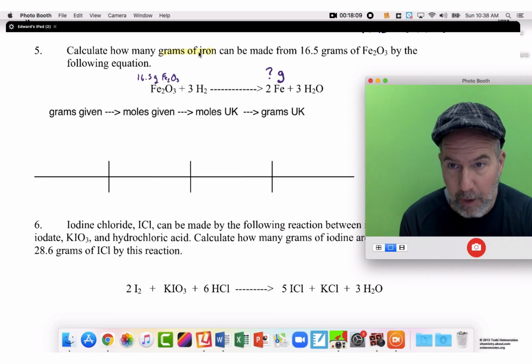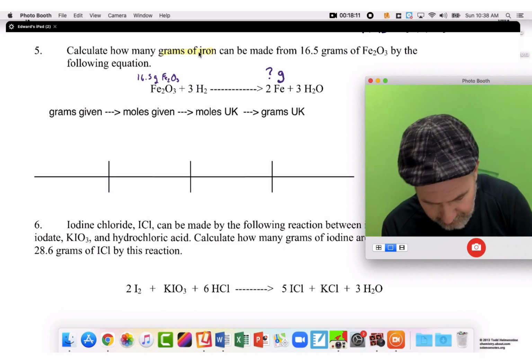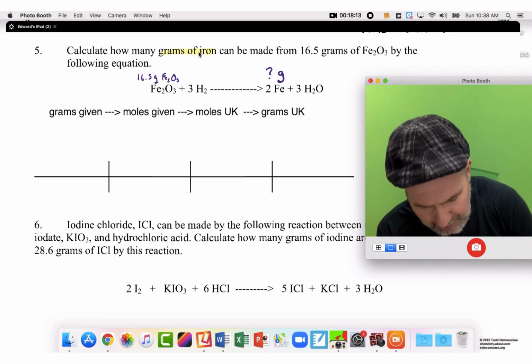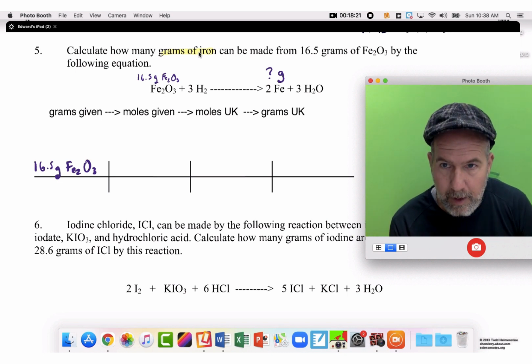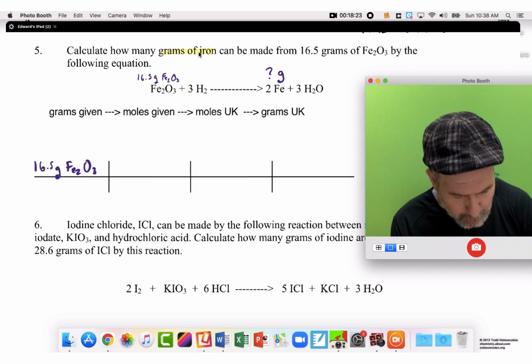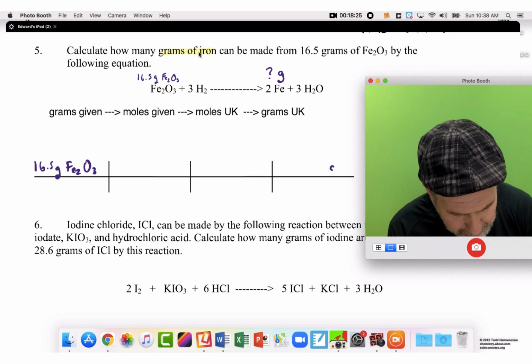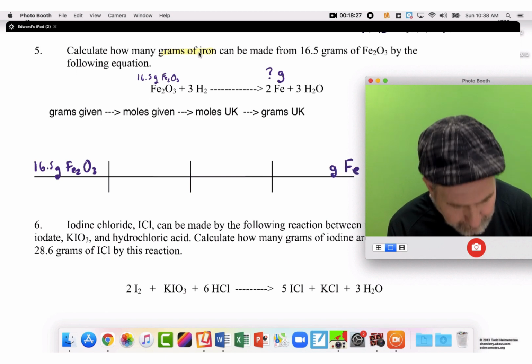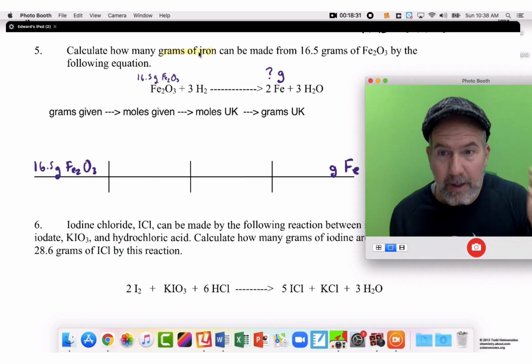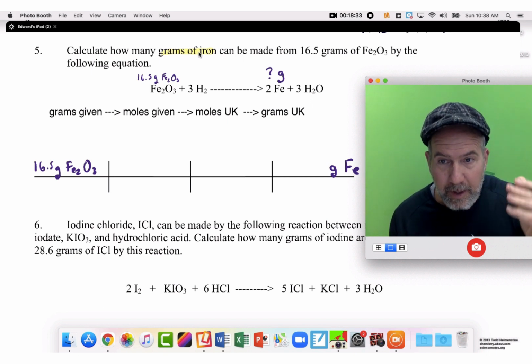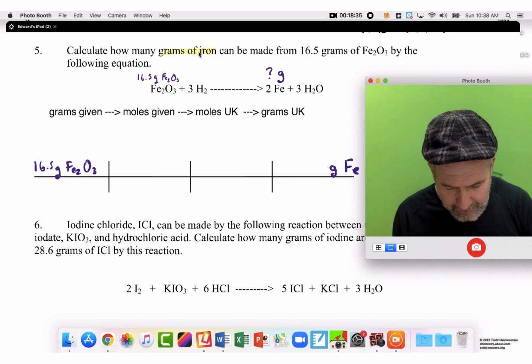Okay, let's start with our given grams. So our given is going to be 16.5 grams Fe2O3, right? And we might as well put in our unknown right now. Our unknown is grams of Fe. Now the given symbol is iron 3 oxide, Fe2O3.